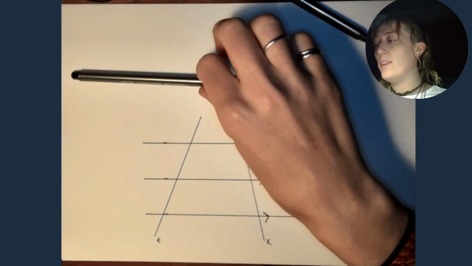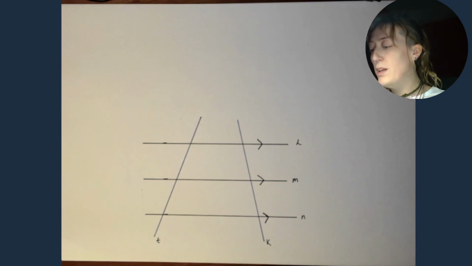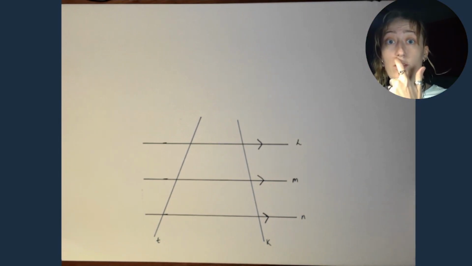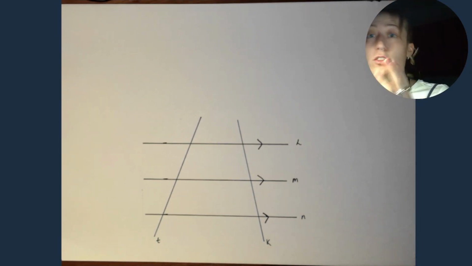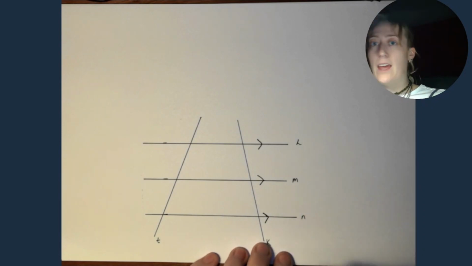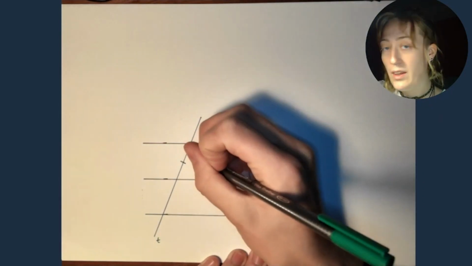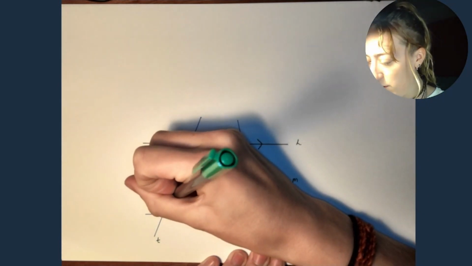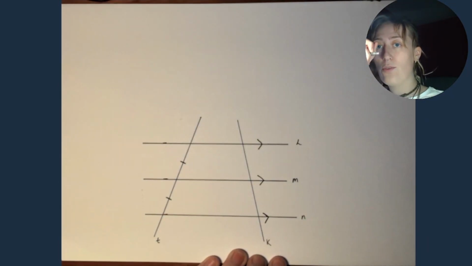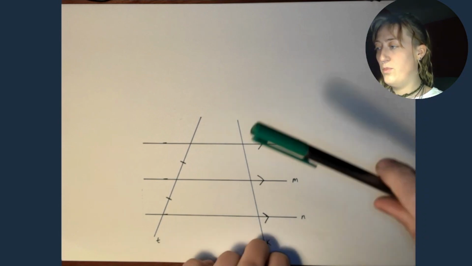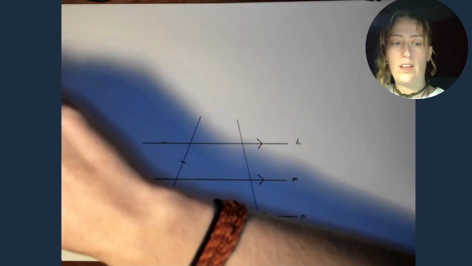Now, in our given, we're told that the three parallel lines split our transversal into two equal parts. So to mark that in, I'm going to say that this length is equal to this length, and to do that you just dash once, dash twice, okay? Do one dash on each part to say that they're equal.